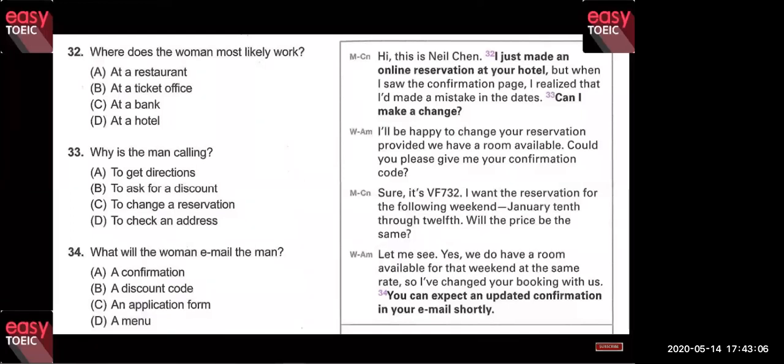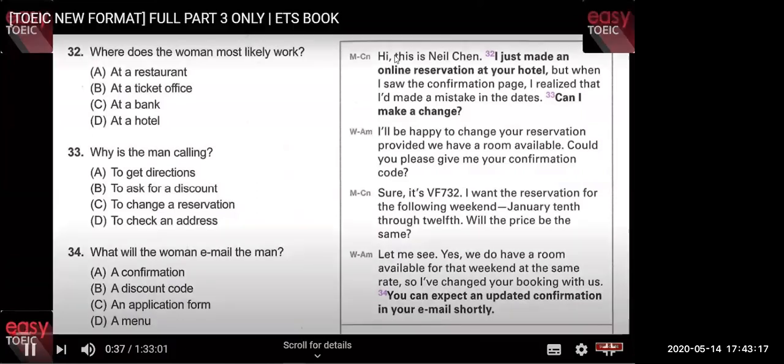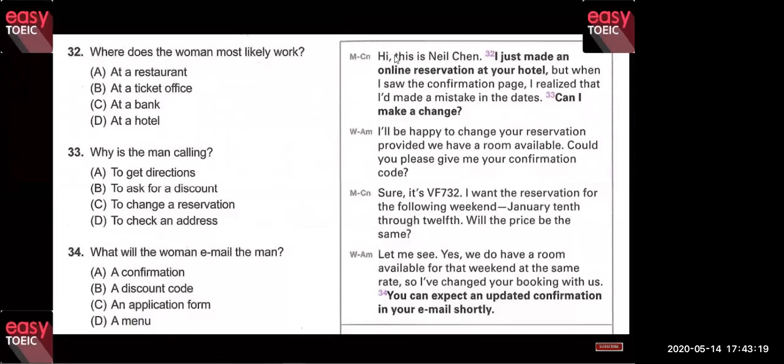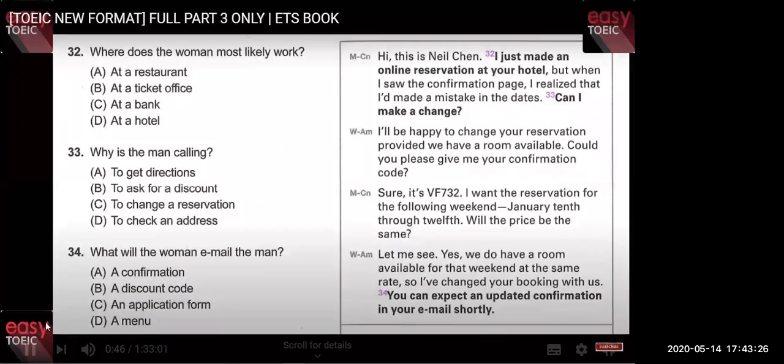Sure, it's VF732. I want the reservation for the following weekend, January 10th through 12th. Will the price be the same? Let me see. Yes, we do have a room available for that weekend at the same rate. So I've changed your booking with us. You can expect an updated confirmation in your email shortly.